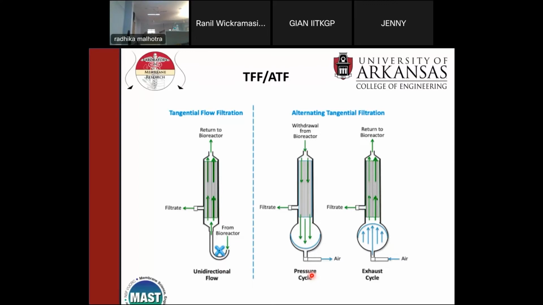As it pulls the liquid through with cells as well, the filtrate goes out here. You stop, and then you push air this way, and the diaphragm moves. This is the diaphragm. It moves in the other direction, pushes the liquid back. So it pushes the liquid, cells, everything back into the bioreactor. You withdraw permeate, it goes through. So it's back and forth, back and forth, back and forth.